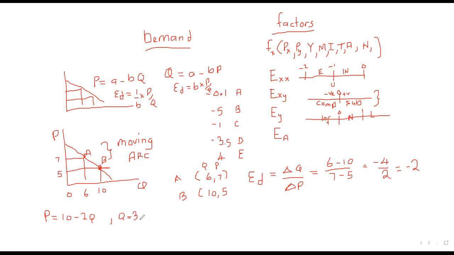So what becomes our P if we put the Q of 3 there? If we substitute a 3 in there, 2 times 3 is 6, 10 minus 6, we get a 4. Are we all agreeing?